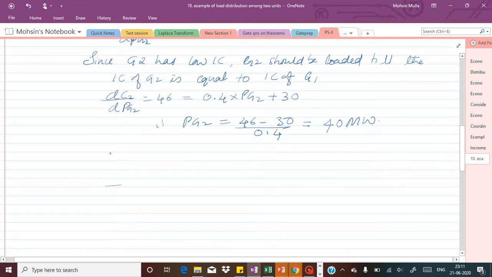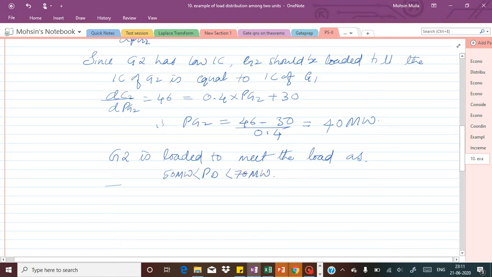So generator 2 is loaded to meet the load as PD goes from 50 megawatt to PD equal to 70 megawatt, because generator 1 is already operating at 30 megawatt plus this 40 megawatt.